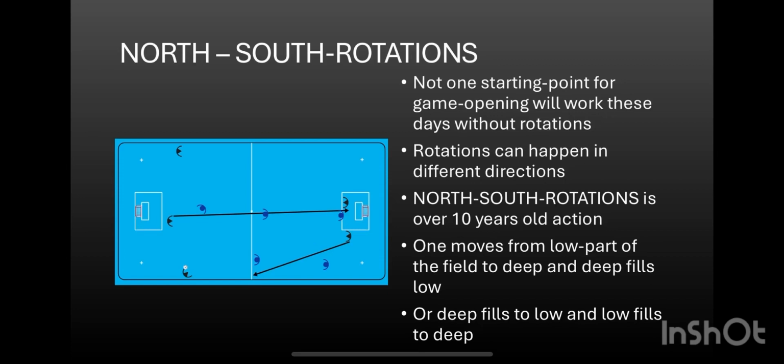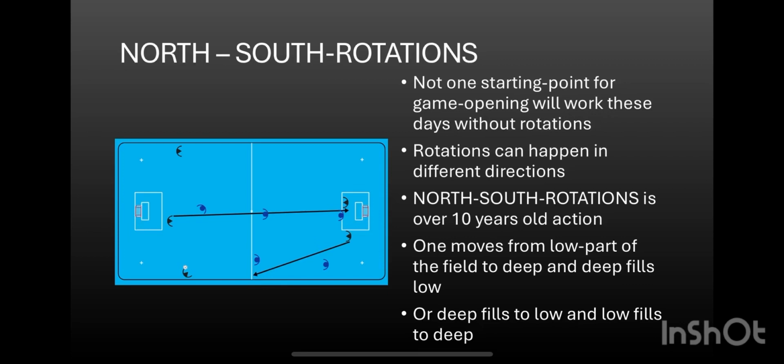And this is a north and south rotation, which is a very basic one in floorball. It is not a 15 years old concept, but almost more than 10 years old in floorball. And yet again, about all rotations, not any one starting point where you position the players in the first moment will work these days. You need some rotations in addition to that.